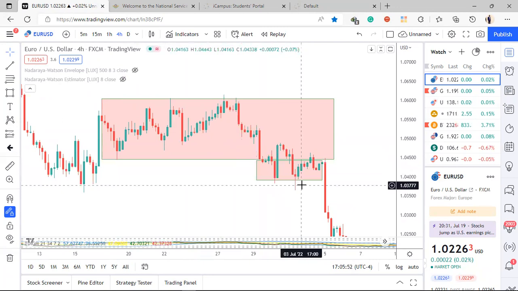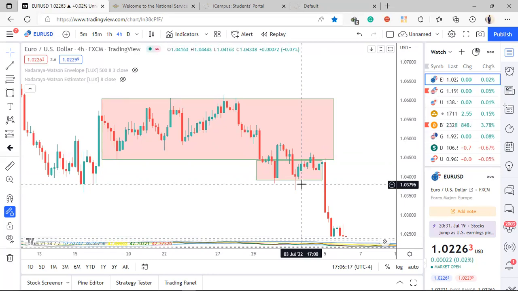The buys have been violated. The support is now becoming what? A resistance. And I said at resistance, what do we do? We sell. At support, what do you do? You buy.